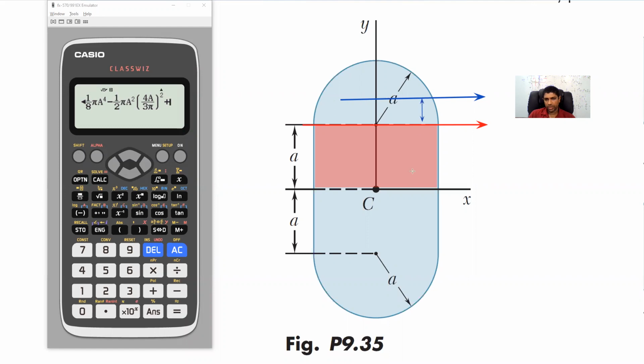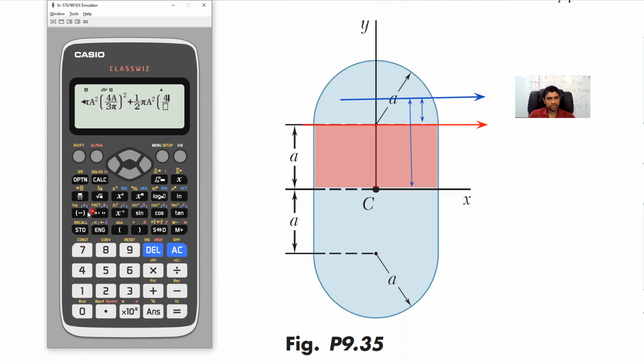Then again we have to add this part. Then we can find the value for the black color coordinate system. Again it is A y bar squared, the same A, half pi r squared, r is a now, into y bar squared.